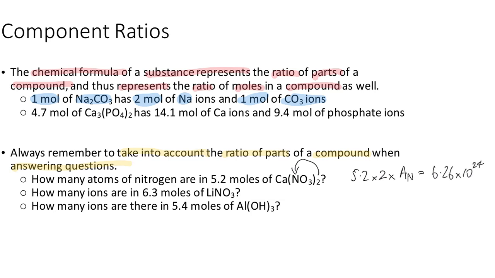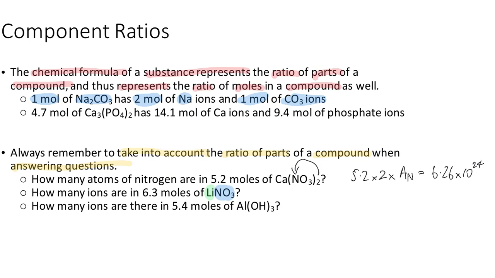How many ions are there in 6.3 moles of lithium nitrate? This is a bit of a trick question. There are ions in the Li and there are ions in the NO3, which effectively means that there are 2 ions per unit of LiNO3.